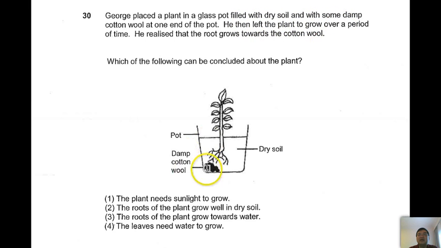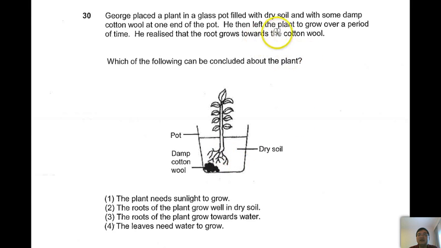Damp means the wetness is here. Take a look at this picture and be very alert. The roots are going towards the water. If the piece of cotton wool is placed over here, then very likely the picture will be drawn this way, and the roots will be growing towards the cotton wool.